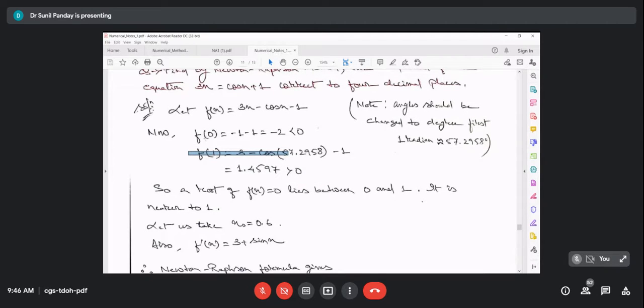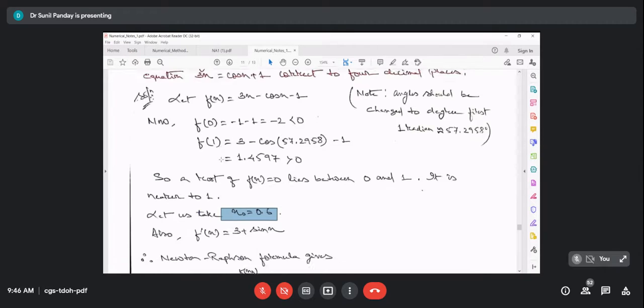So you can take a midpoint, like x0 equals (0 plus 1) by 2, that is 0.5. But here he has taken x0 as 0.6. This is also acceptable because this point is also lying in the interval 0 to 1. Even though you can start with 0.5, that is also a good initial approximation.